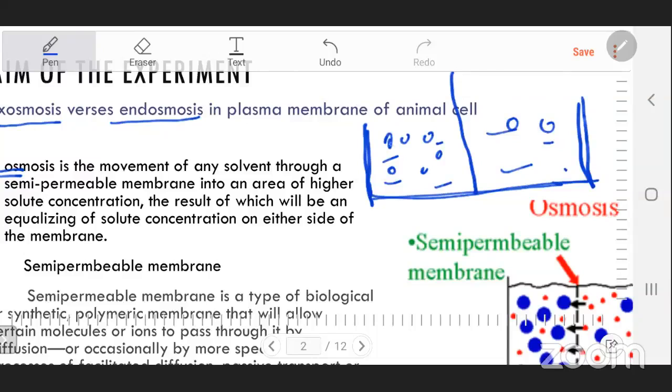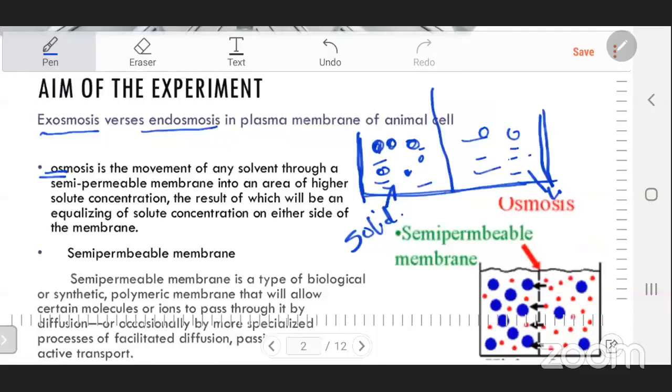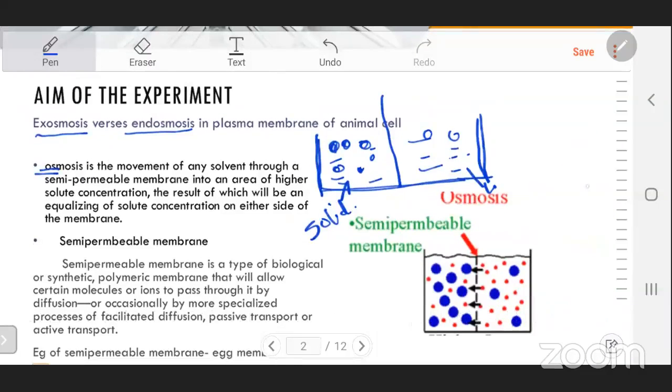As you can see, these are the solid particles of the whole solution, and these are the solvent part, that is the liquid part. As you can see, this area has more solid particles than this one. So if this area has more solid, it is sure that they will have less liquid in it.